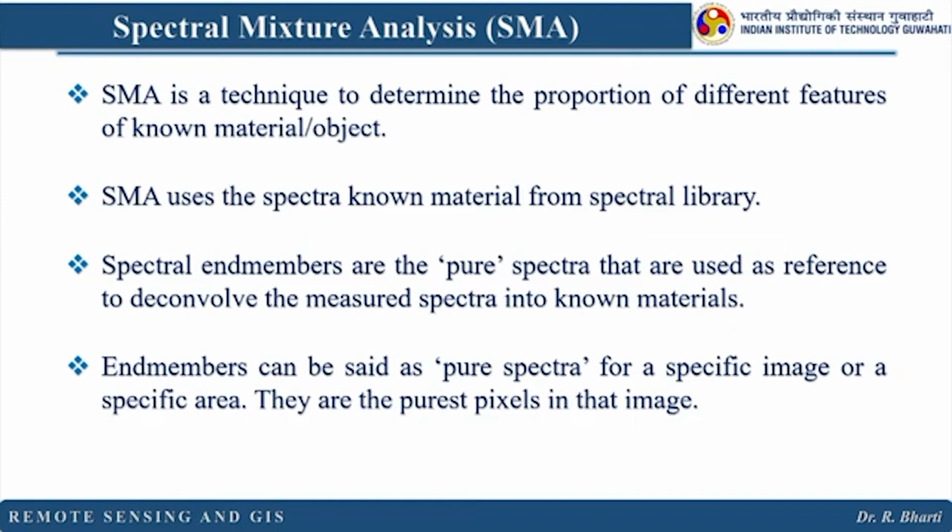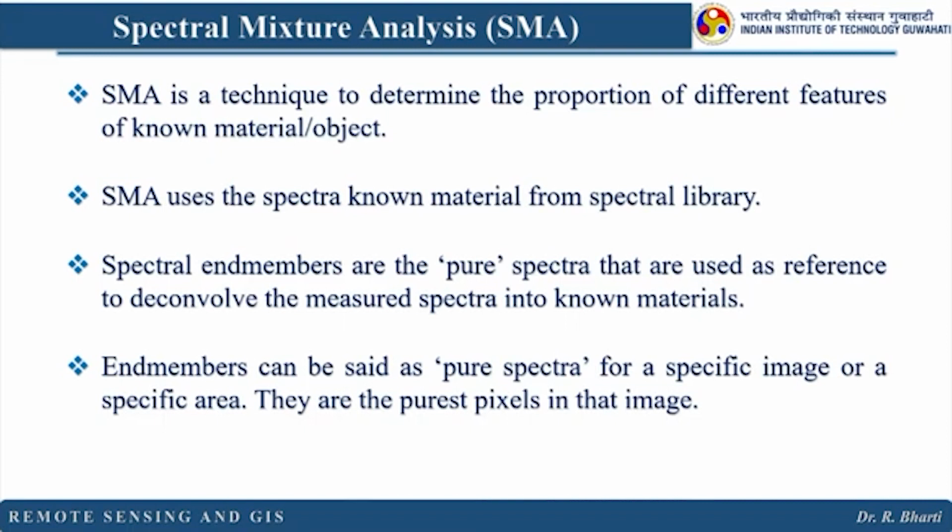What exactly are we doing? We are trying to match the pixel spectra with the library spectra. So, instead of matching all of them, if we can identify end members, and again, end members are pure spectra, it does not matter whether they come from the library or the image.